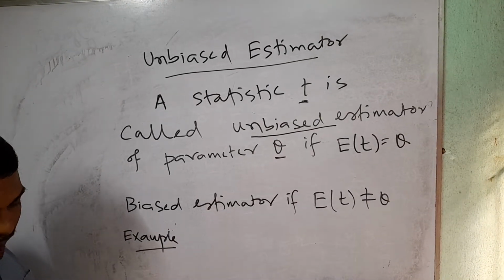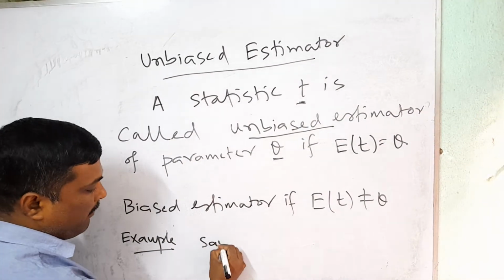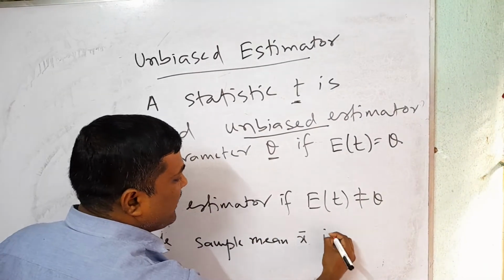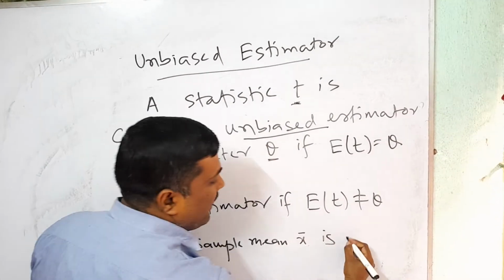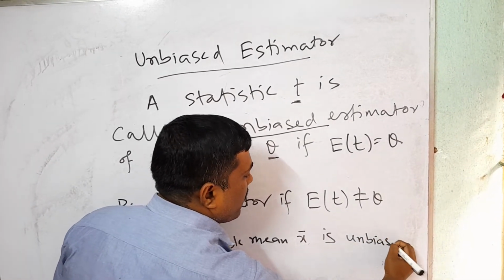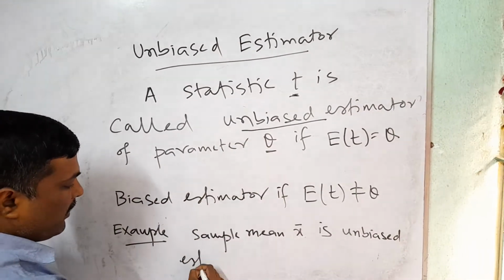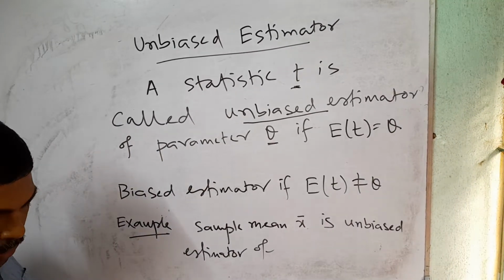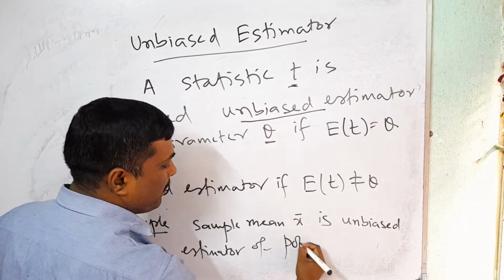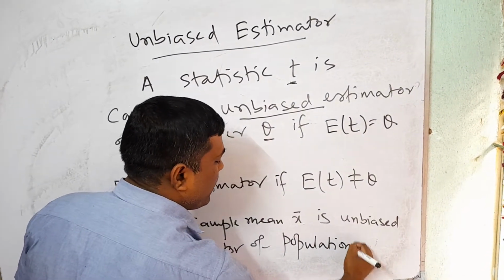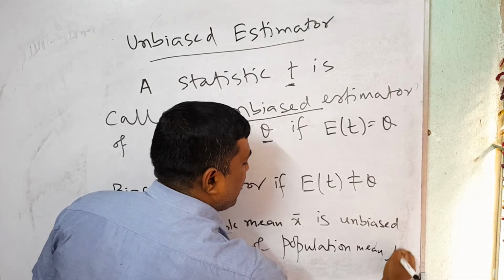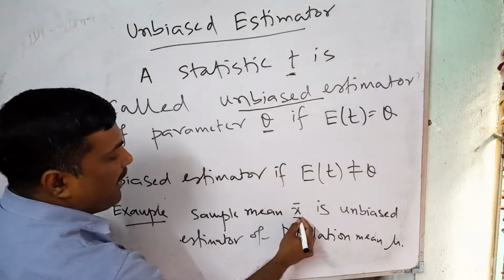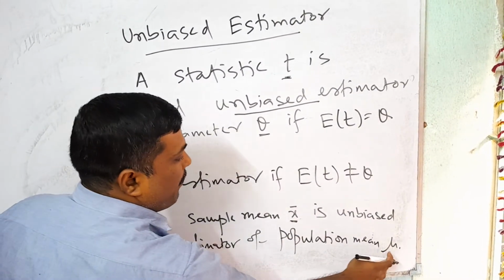Example: population mean. The sample mean x bar is an unbiased estimator of the population mean mu.